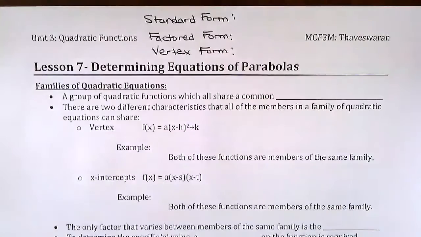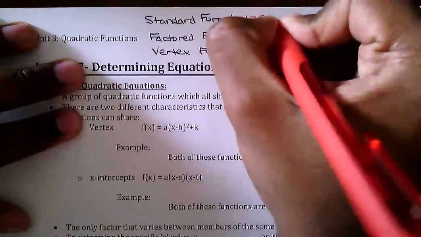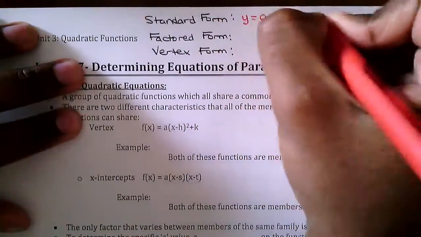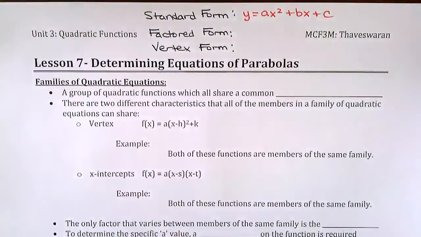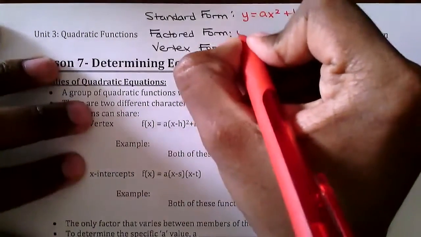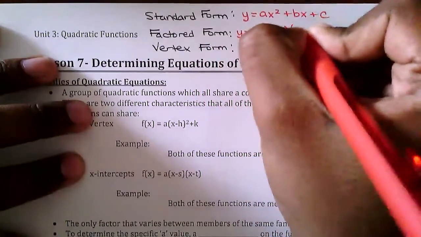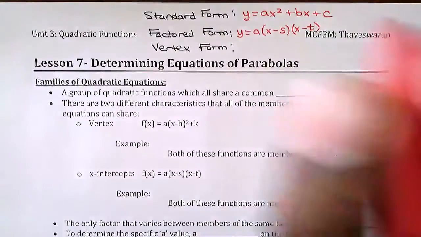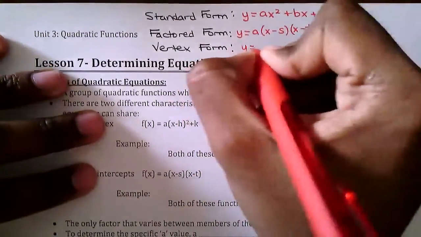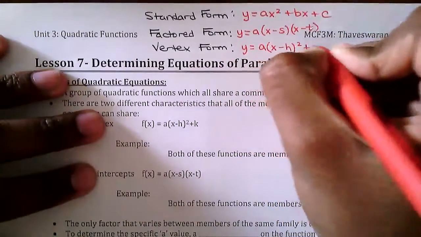With standard form, essentially the equation for a parabola would look like this: y is equal to ax squared plus bx plus c. With factored form, it would look like y is equal to a, x minus s, x minus t. And with vertex form, it will look like y is equal to a, x minus h squared plus k.